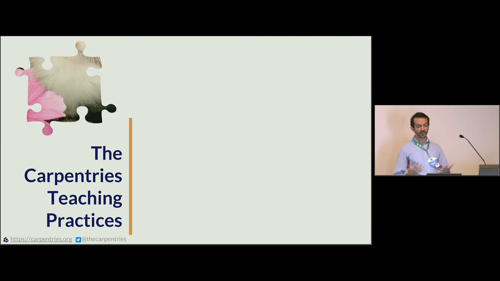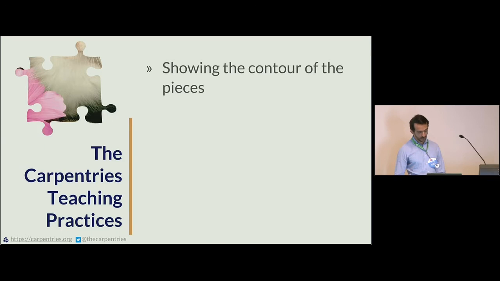So practically, what does it mean? In our workshops, we use different teaching practices that try to cater to this growth trajectory from novice to expert. One of them, related to showing our learners the content of the pieces they're working with, is live coding.